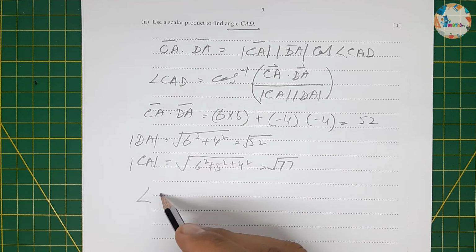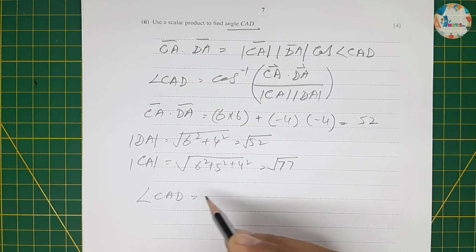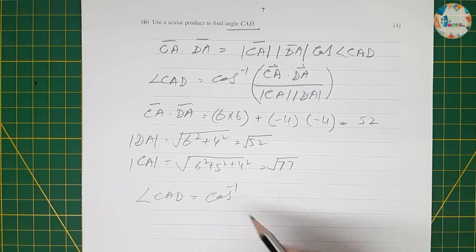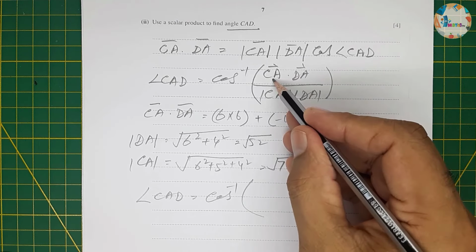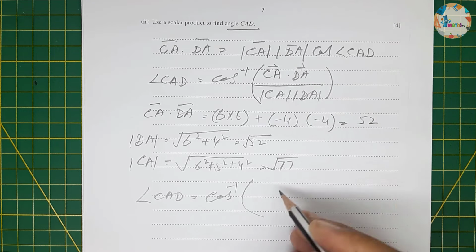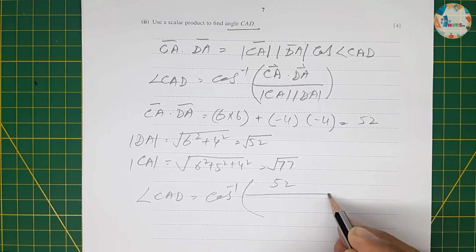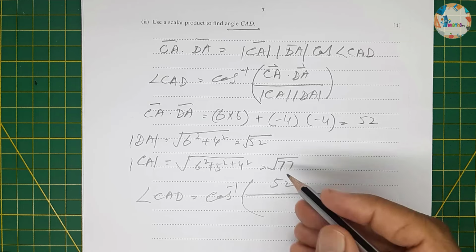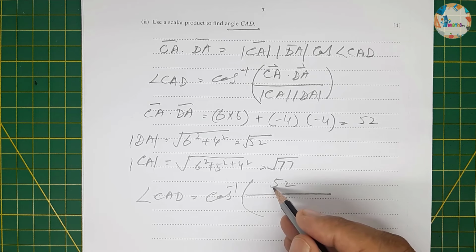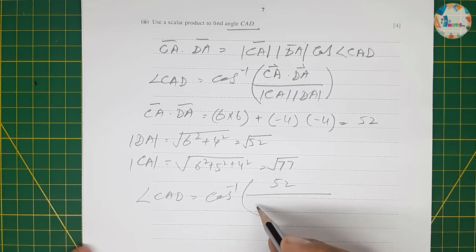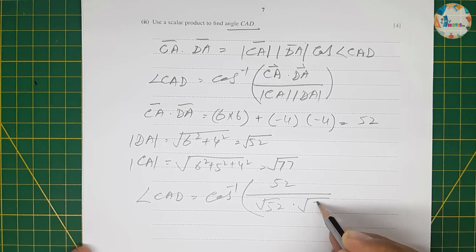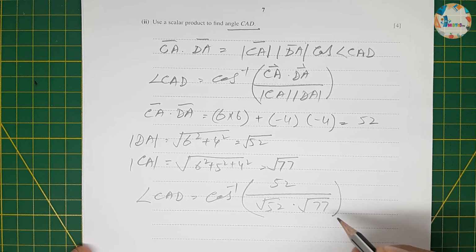Angle CAD will be equal to cos inverse of CA dot DA, which is 52, over root 52 into root 77.